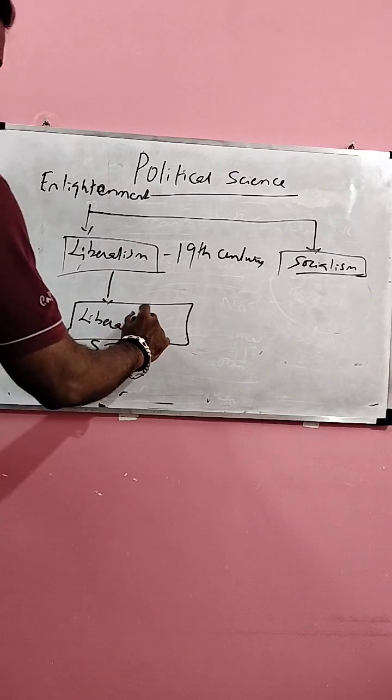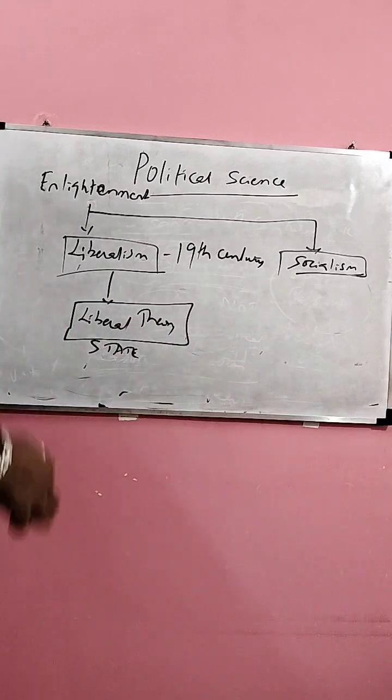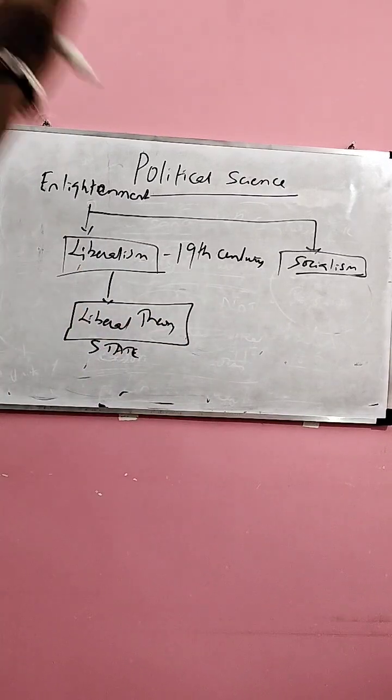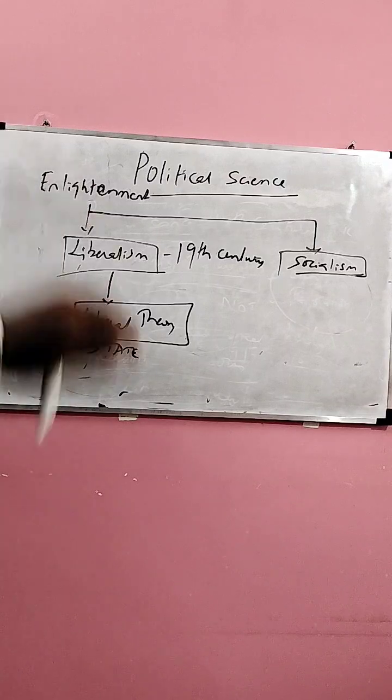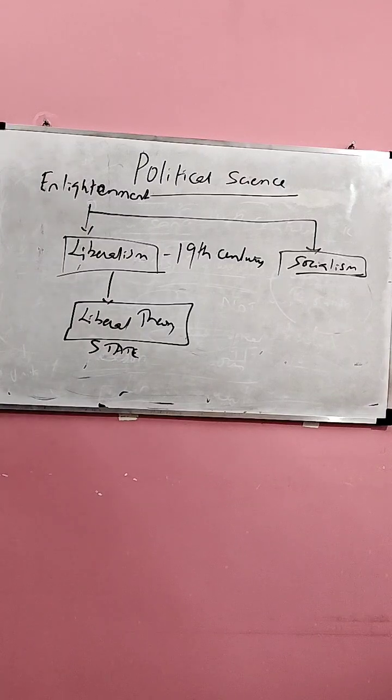The theory is called liberal theory. The state is called liberal state. The associated institution is called liberal democracy. Now let's see how liberalism emerged as an important idea and how liberal states emerged after 19th century.